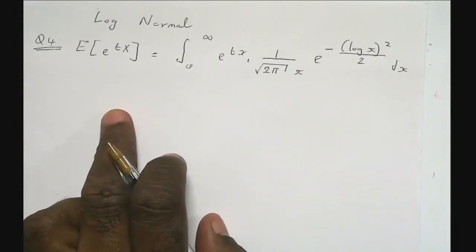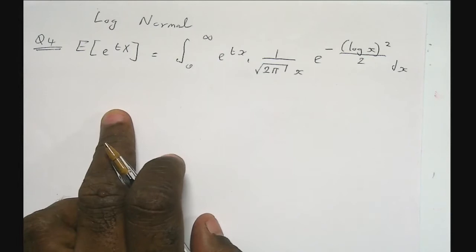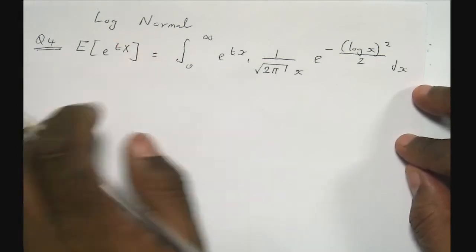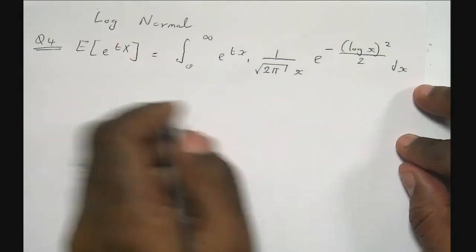I asked you to show it last week. You remember last week in the lectures I asked you to prove that the MGF of a log normal doesn't exist. I gave this as a homework for you guys last week.